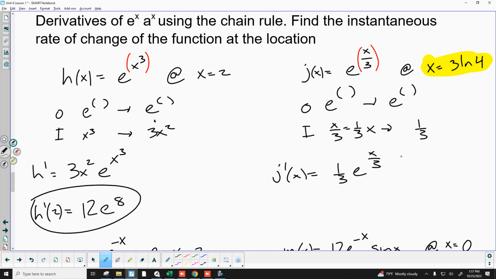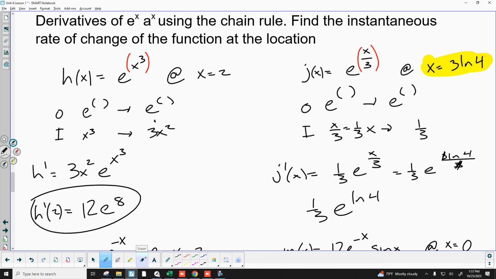So you get e to the 3 log 4 over 3. The 3's go away. You get 1/3 e to the log 4.